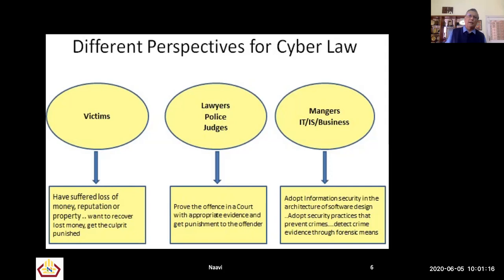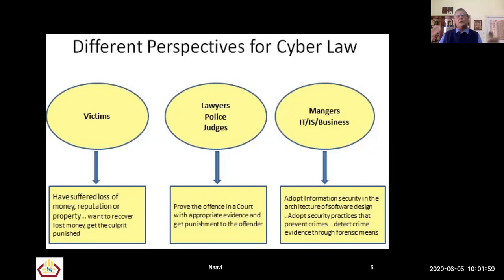Now, these people look at cyber law for guidance on how to adopt information security in the architecture of software design, or in adopting security practices in terms of network security, in order to prevent the occurrence of a crime. Then if a crime happens, how can I detect the crime, and how can I gather the evidence? So the IT people should look at cyber law for those indications in the act which talk about information security, the need for compliance, and the cyber forensic aspects.